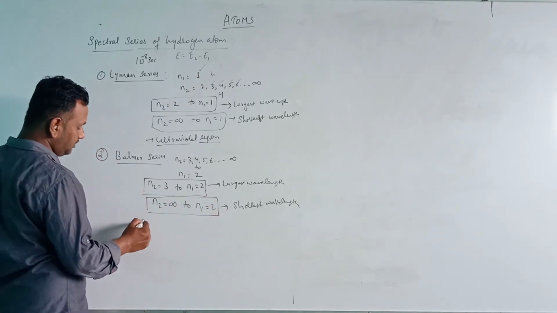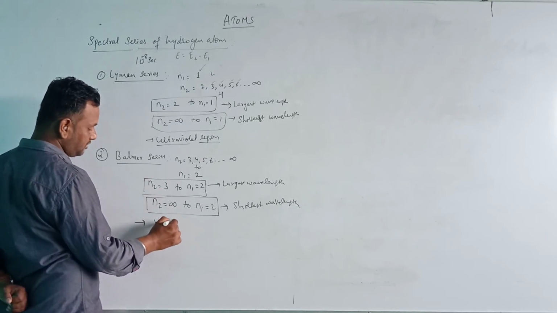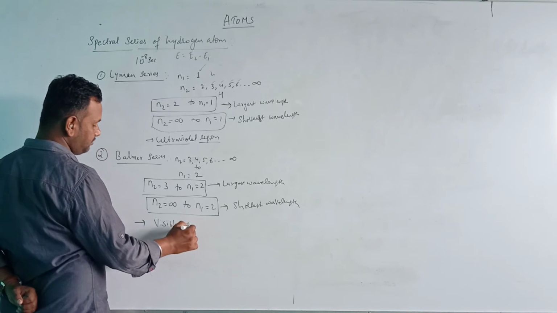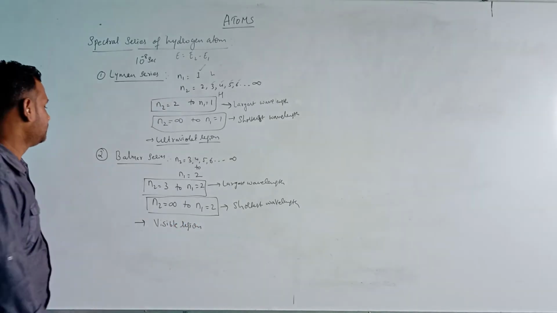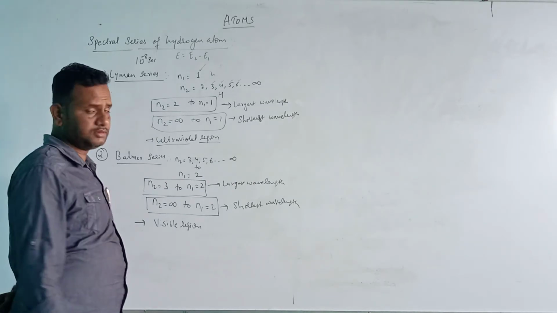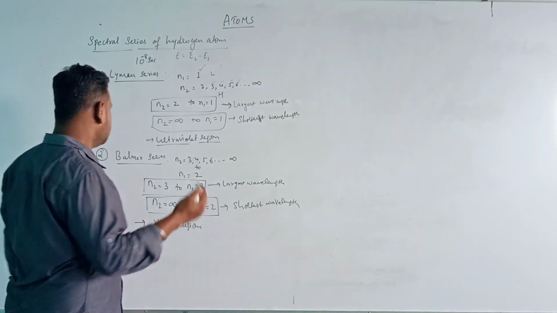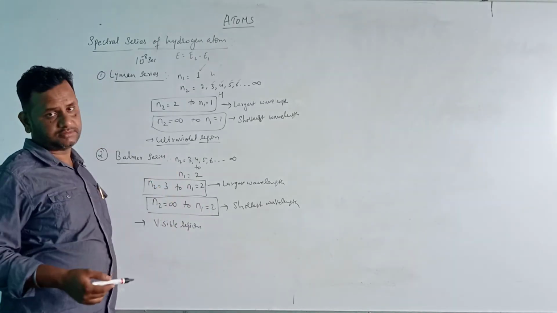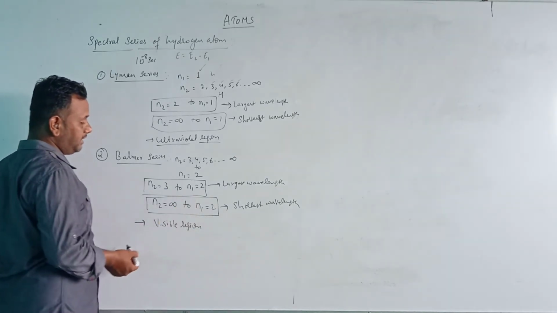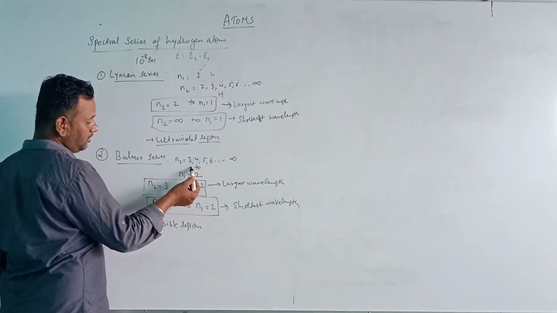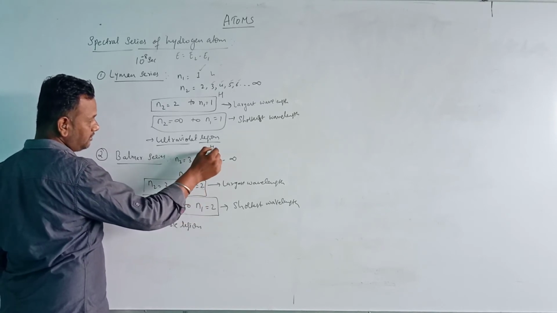Now we can see this Balmer series in the visible region. I think I have already explained the spectral lines of the Balmer series. If the transition takes place from the third orbit, a higher orbit, to the second orbit, it is H alpha.